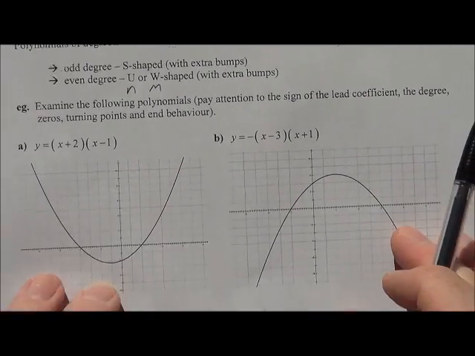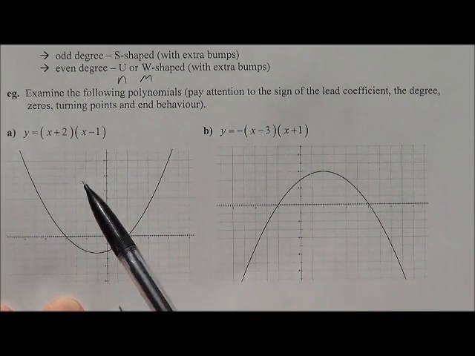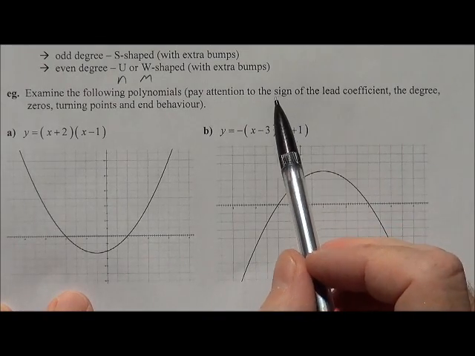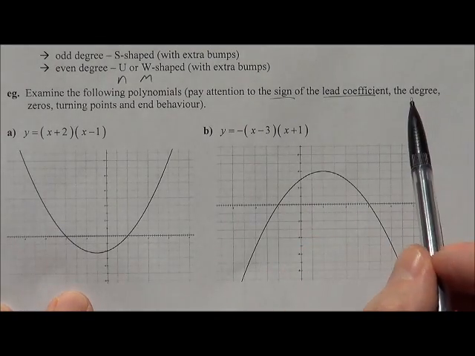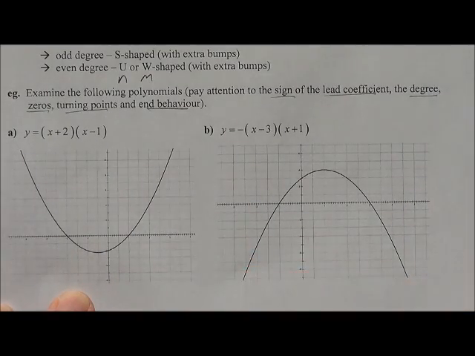Okay, so let's take a look at some examples. What we want to do is examine these things and pay attention to the sign of the lead coefficient, the degree of the polynomial, the zeros, the turning points, and the end behavior.